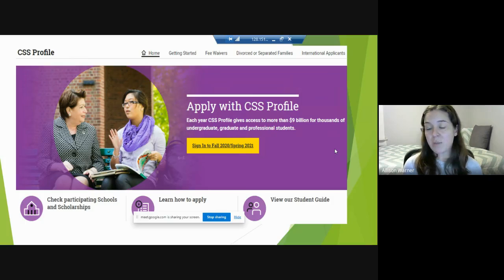Now with the FAFSA, you have the ability to log in with your FSA ID and make adjustments as necessary. So at least with one application, you can go in and make the necessary adjustments. With the CSS Profile, you really only have one shot, and then from there, you have to make the necessary adjustments by corresponding with the folks at the institution.